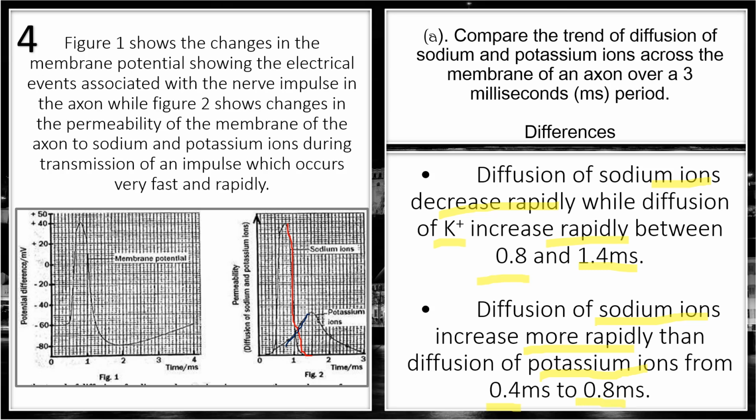So from 0.4, roughly here, to 0.8, the diffusion of sodium ions increases more rapidly than the diffusion of potassium ions. You can see that the diffusion of potassium ions is increasing slowly.